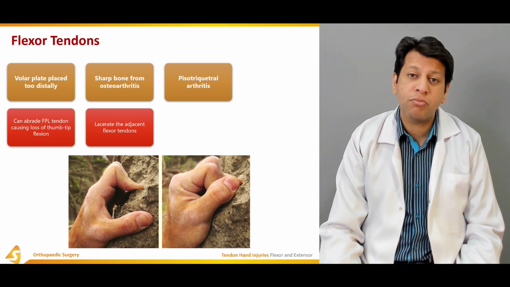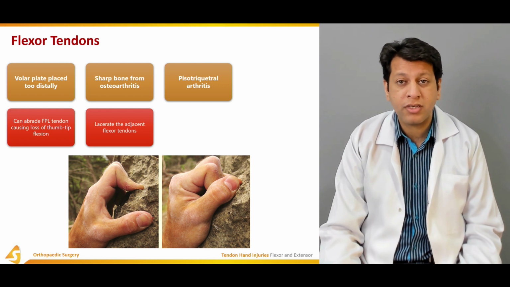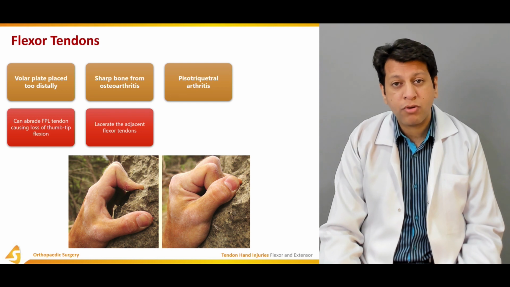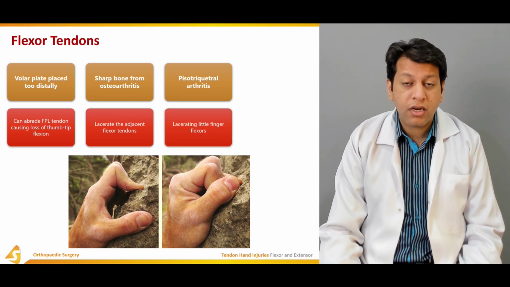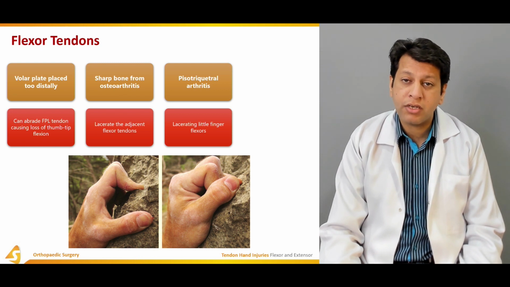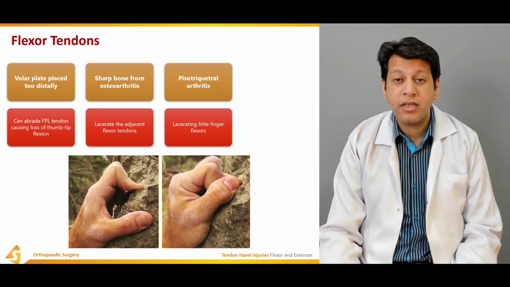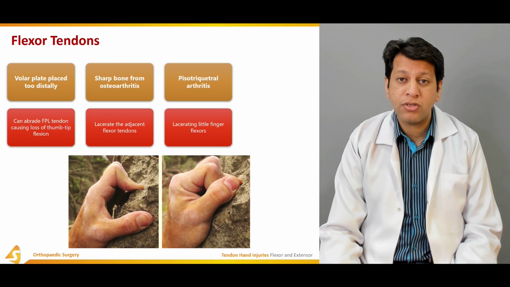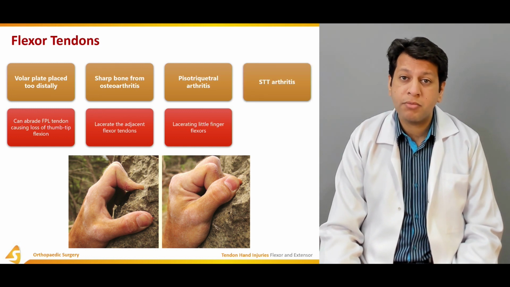Now, the carpal bones are also very important, because the flexor tendons pass from the forearm over the carpal bones and then go into the hand. And arthritis or osteophytes of the pisiform bone or triquetral bone especially damage the flexor carpi ulnaris tendon, and this can lead to laceration or abrasion of the FCU. Then there is scaphoid trapezoid arthritis.